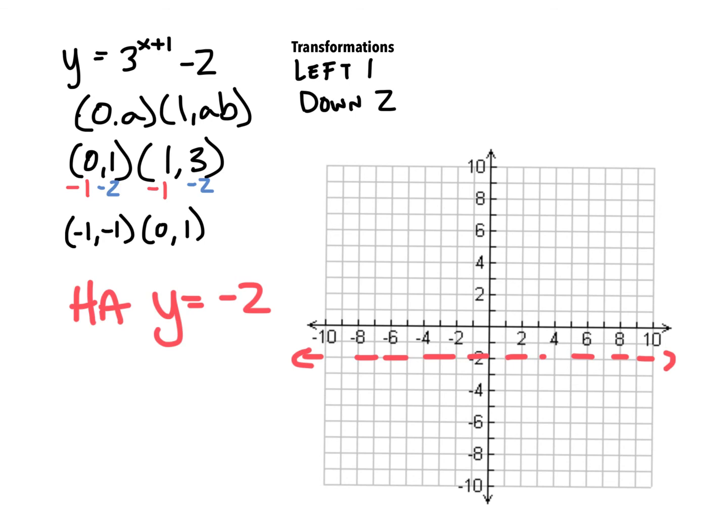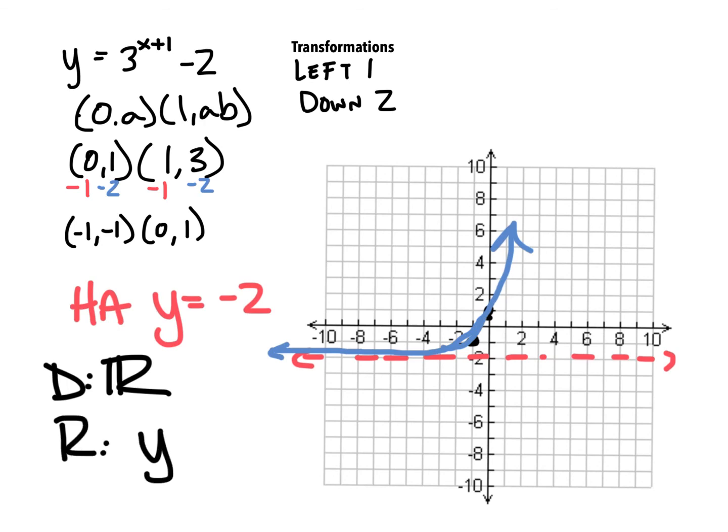We have the points (-1, -1) and (0, 1). We're going to go from left to right and rise through these points. I kind of missed, but whatever. Let's list the domain and range. The domain is all real numbers, and the range is all the y's greater than negative 2. And that's how we graph exponential growth functions.